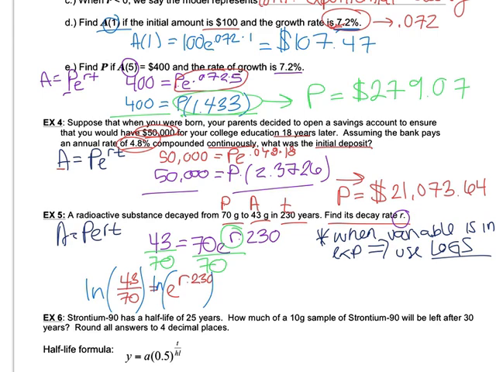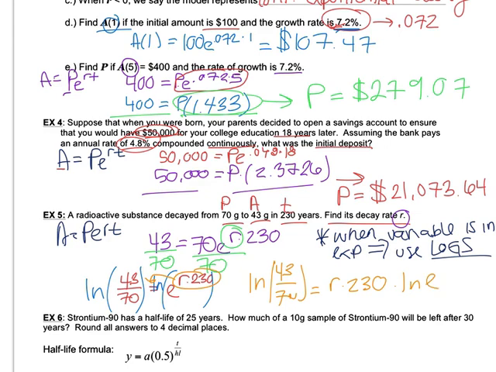Now think back really hard to properties of logarithms, and I'm hoping you remember that when you take the log of something with an exponent, that exponent comes down in front of the logarithm. So really what we've got here is the natural log of 43 over 70 equals r times 230. That all came down in front and is multiplied by the natural log of e.